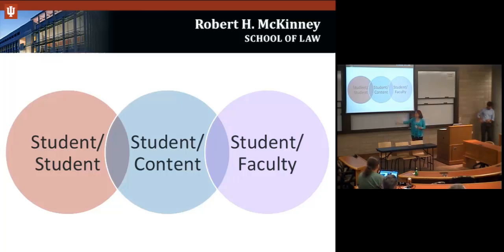And then the student-student interaction, which can be very difficult in a law school because of the competitiveness. How many of you are in institutions where grades are curved, where automatically grades are curved? Yeah. So what is the impetus for students to collaborate with each other when everything's a competition?